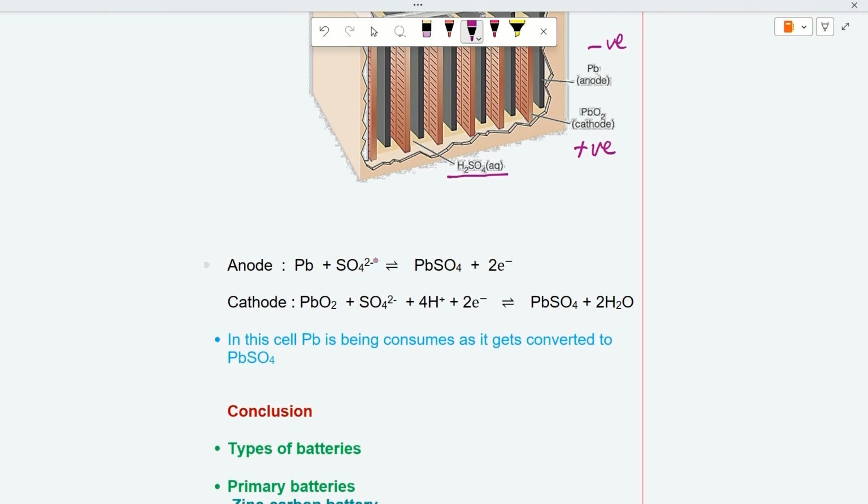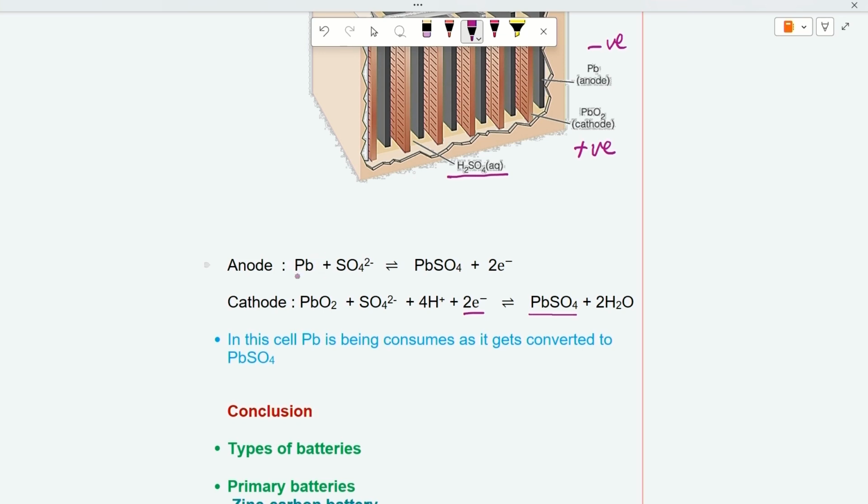Just note that I have been using a reversible arrow to show that these reactions are reversible. Then at the cathode, lead dioxide combines with 2 electrons in the presence of sulfate and H plus ions, which are from sulfuric acid, and gets converted into lead sulfate and water.